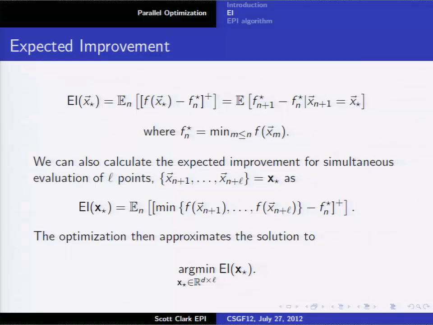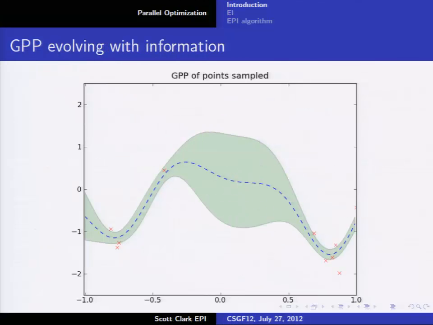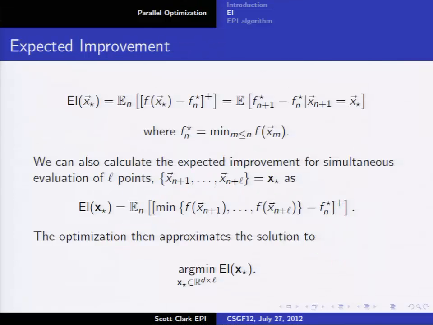So this is the best step seen so far. The difference of whatever we're going to sample next and the best we've seen so far: we want to find the highest expected improvement. In this example, there's a lot of unknowns here, so the expectation of the improvement was really high. I'll show that in a second. We can also do this for many different points.